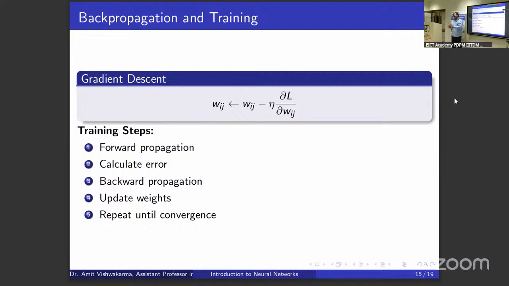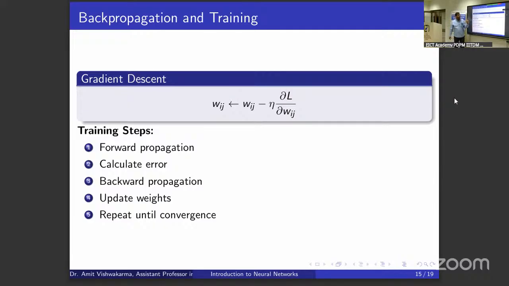This is my convergence. I will stop and use those weights as final, for future tests, meaning I will use these optimized weights for testing the samples. So: forward propagation, calculate error, backward propagation, update weights, and repeat until convergence.